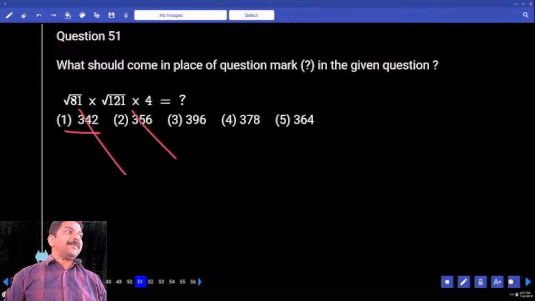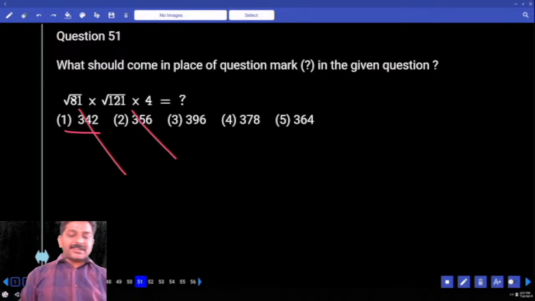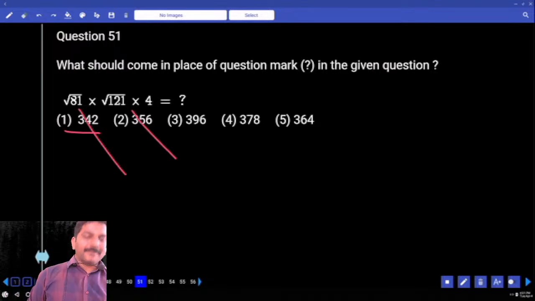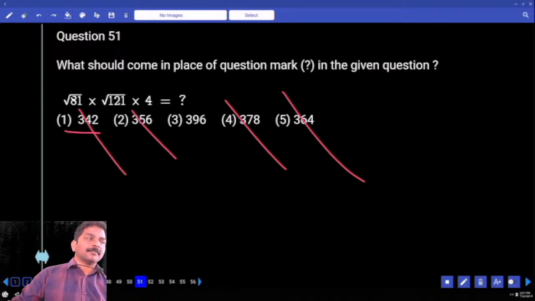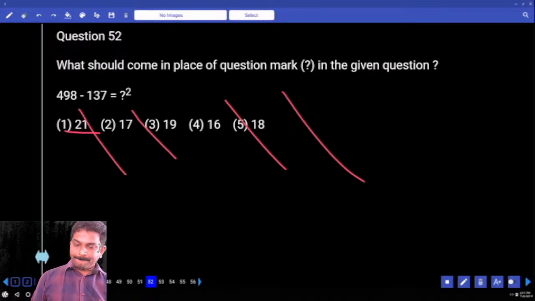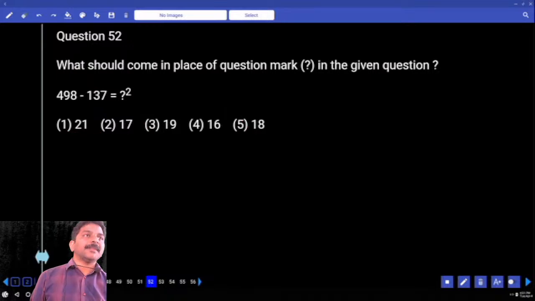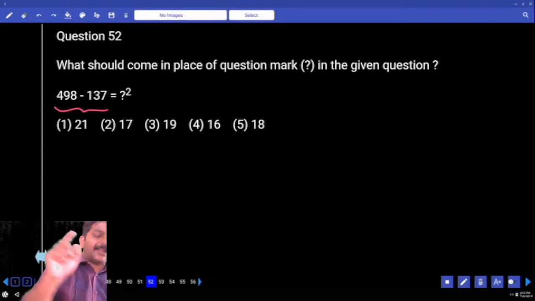Yes. 11 multiple? Yes. Fourth option, is it 9 multiple? 11? Fifth option, is it 9 multiple? Yes. Come on. Left hand side, number ends with?